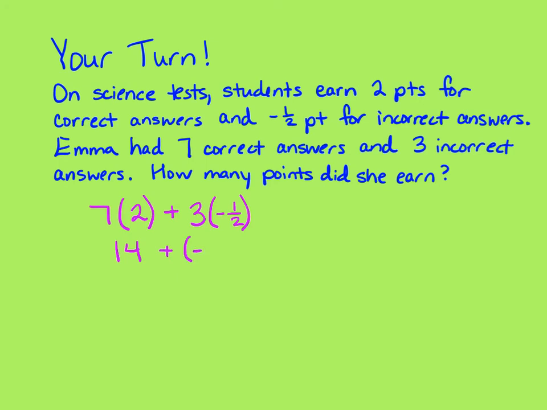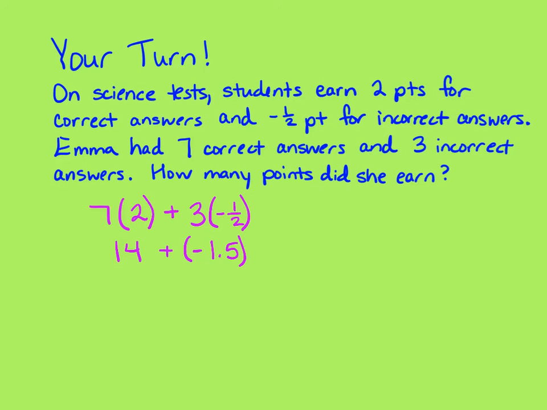We know 7 times 2 is 14, and positive 3 times negative 1/2 will be a negative answer. You can go to the side and work this out, but 3 times 1/2 would be 1.5. And we have 2 numbers with different signs that we're adding.